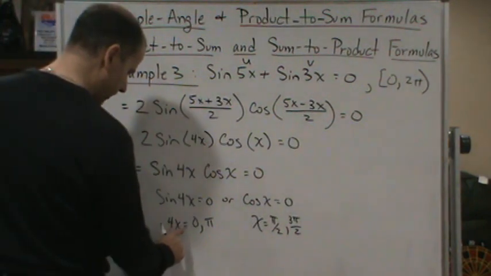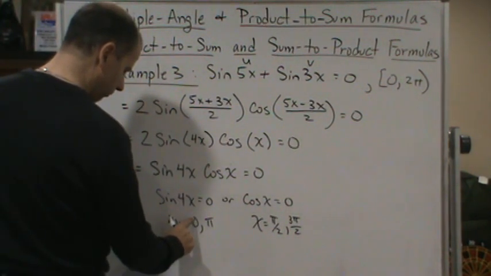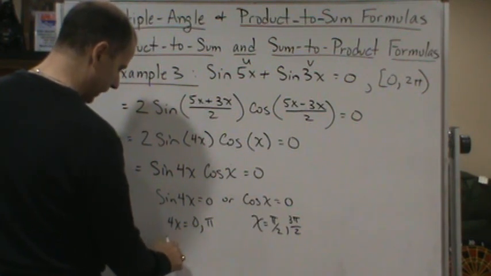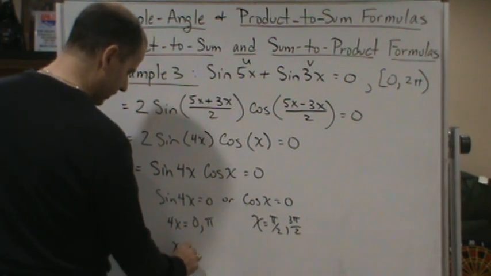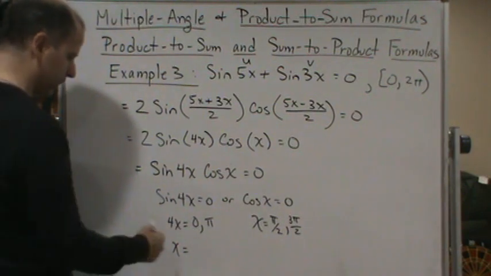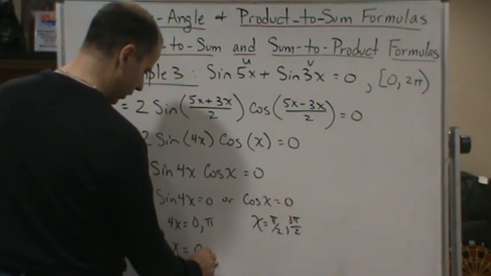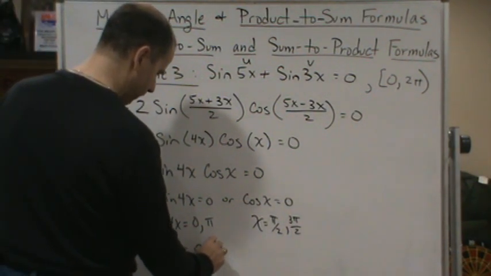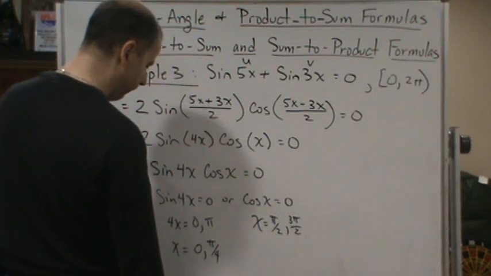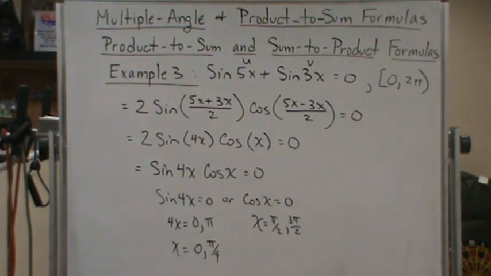So in other words, sine of 4x is going to be equal to 0 when x is equal to 0 and pi over 4.